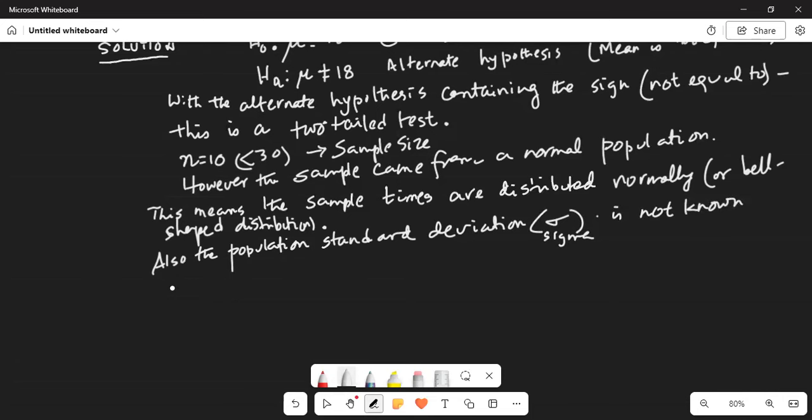So in this case, we'll use a t distribution for the sample means.